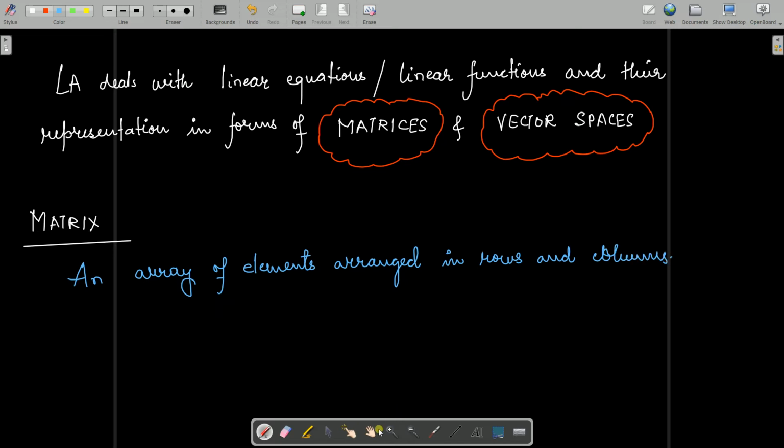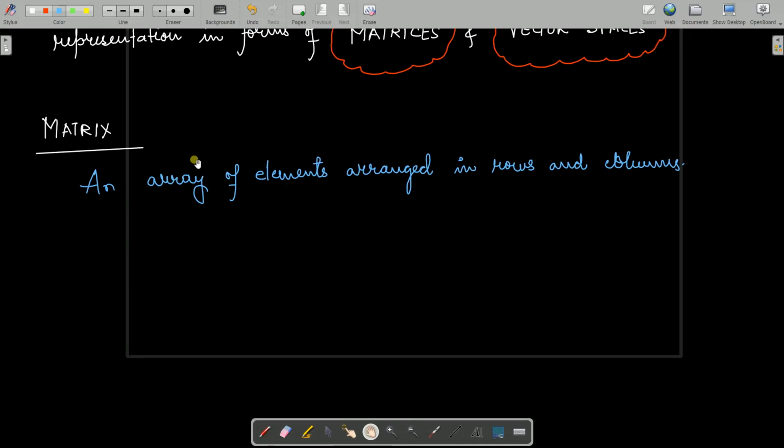So it's basically a collection of elements. We arrange those elements in certain forms in terms of rows and columns.